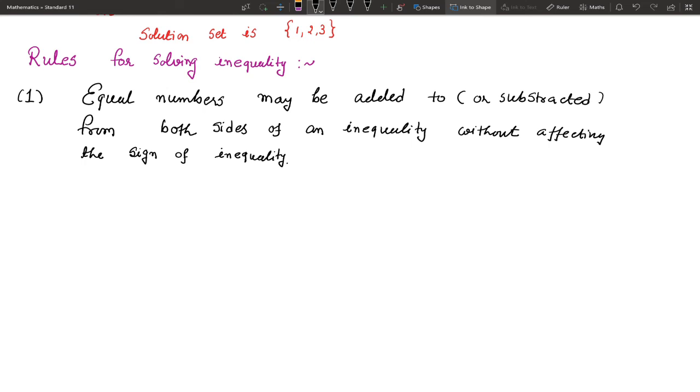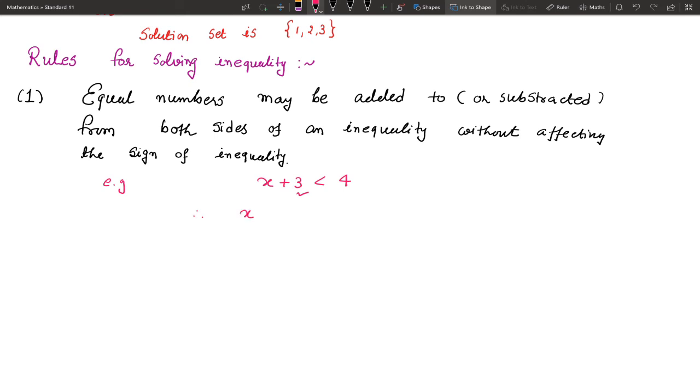As for example, suppose we have x plus 3 less than 4. So to solve this inequality, we subtract 3 throughout the inequality.